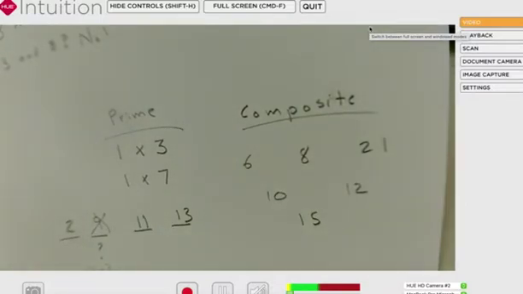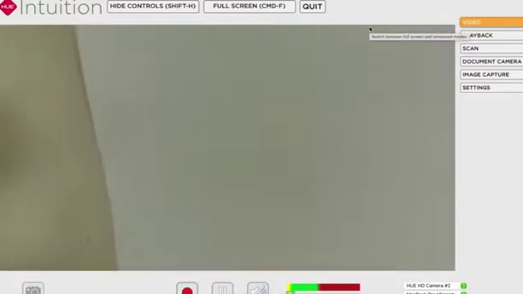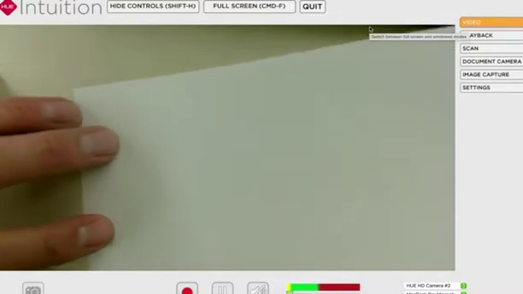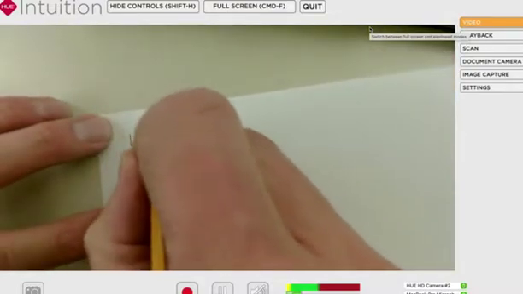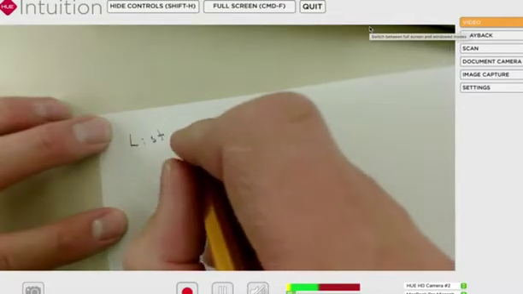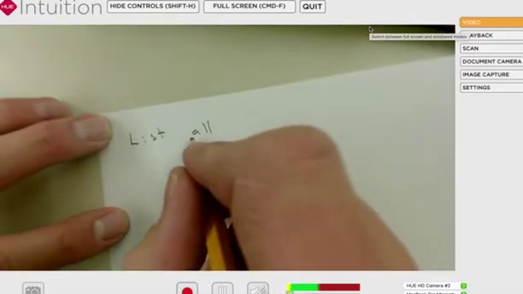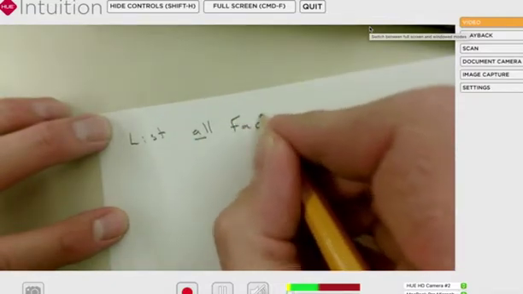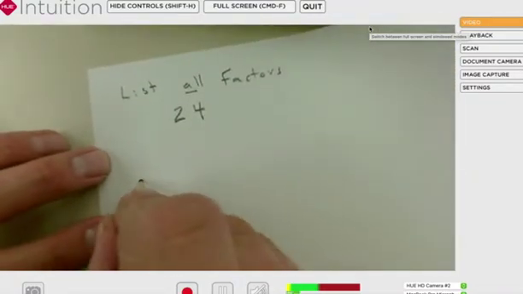So now let's get to the time where we flip our paper over. And now I want you to do a couple of things on your own. Okay, so flip your paper over. And here's what I want you to do. On your own, and you may get a multiplication chart to help you if you wish, I want you to list all the factors of the number 24. And I'll even give you a hint. There's this many.